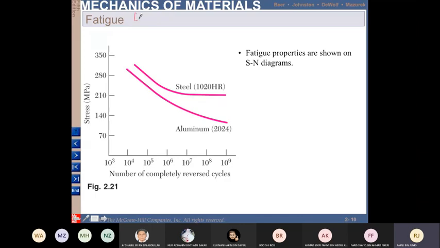Okay, lesu. When you do the fatigue test, the fatigue test is the test in which you give load, and this load is given repeatedly.